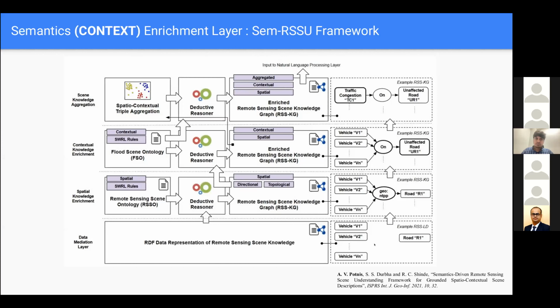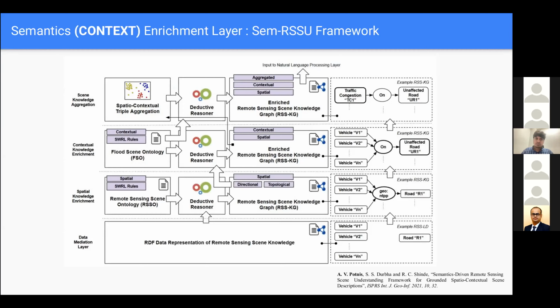And what started out as individual regions called vehicles and road essentially ended up, after the enrichment process, being traffic congestion on an unaffected road. So I hope that the enrichment aspect of how individual regions that a deep learning model understood were translated and enriched with both spatial and contextual aspect to convey that there is traffic congestion on an unaffected road, right?